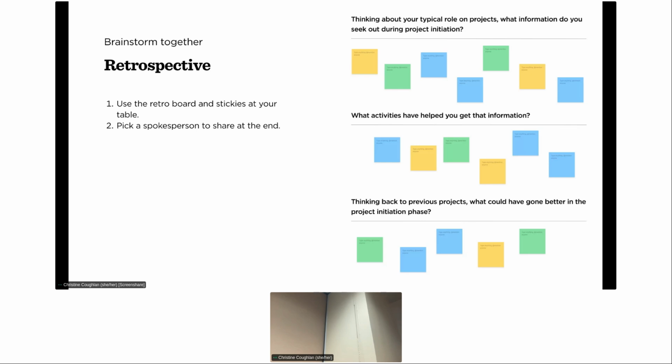Is it in a budget? Depending on what it is, which of those things?